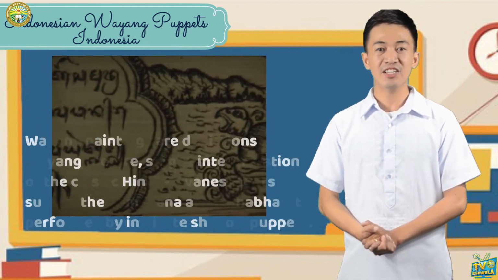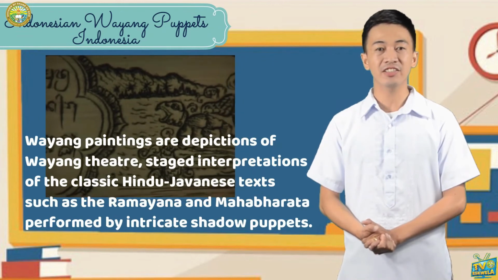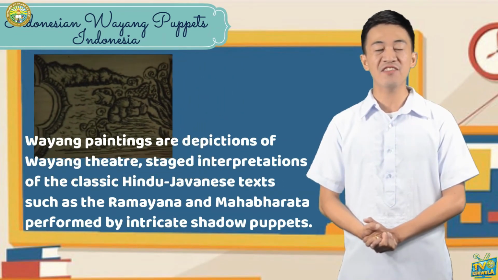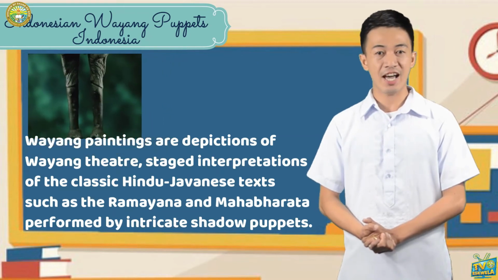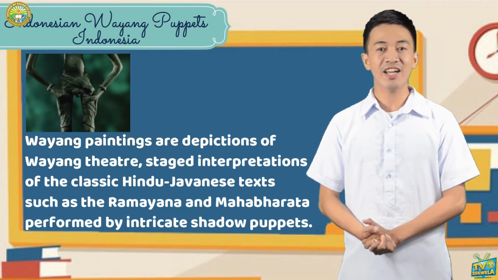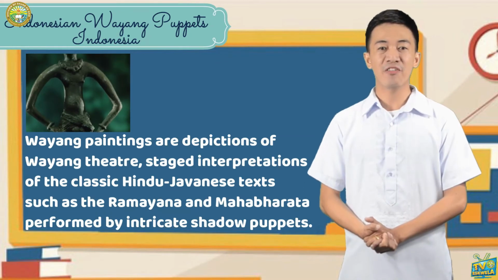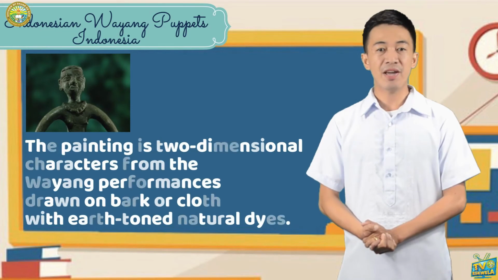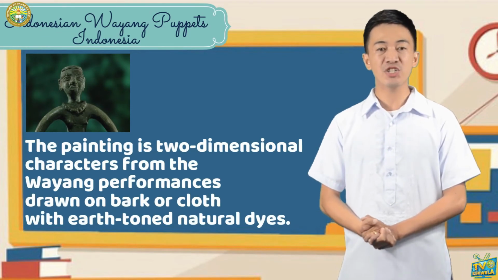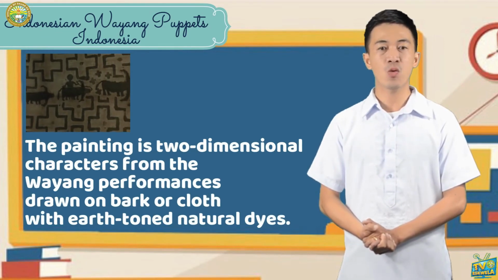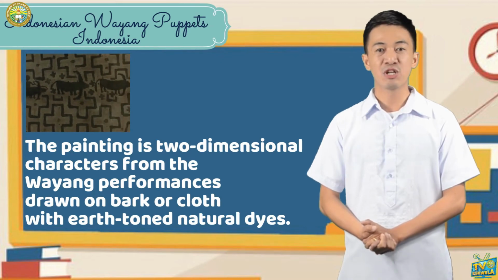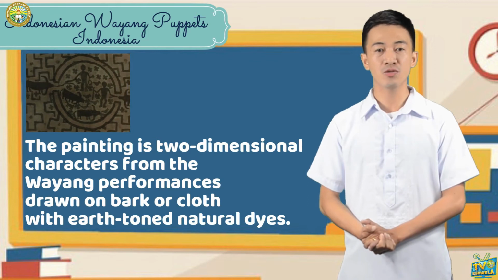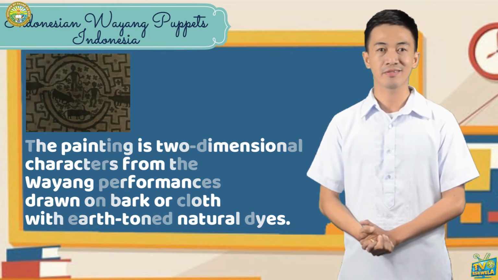Wayang paintings are depictions of wayang theater, stage interpretations of the classic Hindu-Javanese texts, such as the Ramayana and Mahabharata, performed by intricate shadow puppets. The painting is of two-dimensional characters from the wayang performances, drawn on bark or cloth with earth-toned natural dyes.